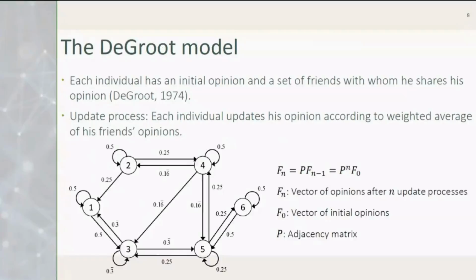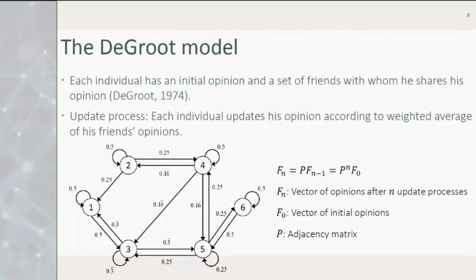In this slide, I show you a simple social network, a simple graph consisting of 6 nodes. Each is a member of the community. The arcs represent the friendships amongst the nodes, and the weights attached to the arcs represent the trust factors of each member to the opinion of its friends.